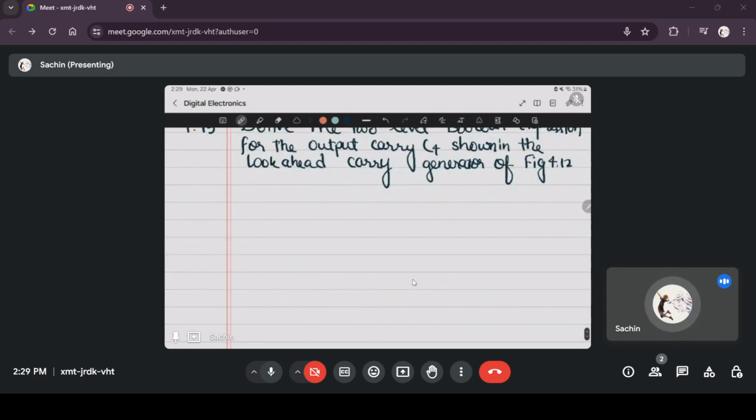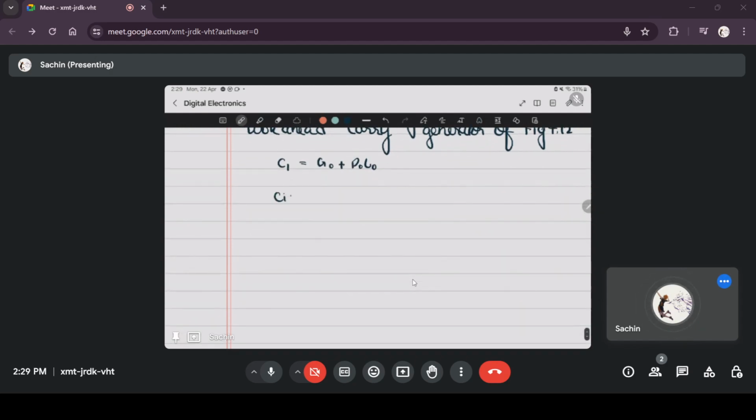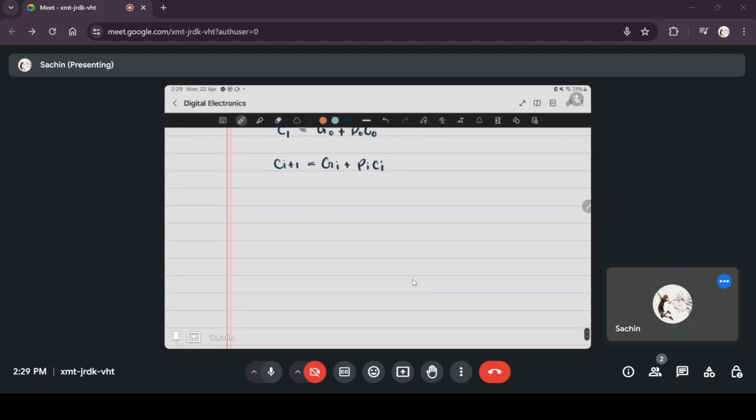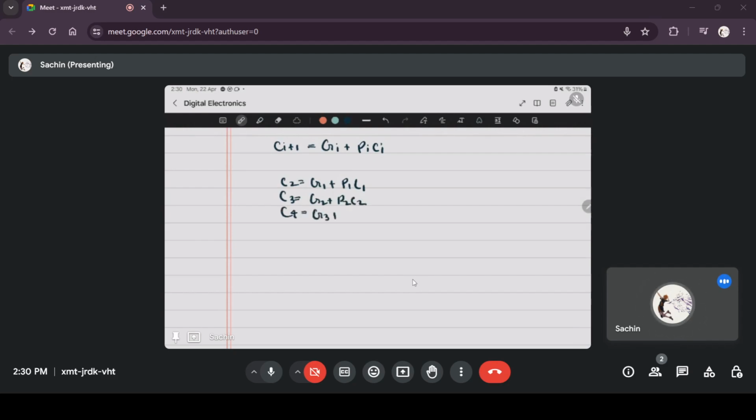So for the carry look ahead generation, C1 is G0 plus P0 C0, and Ci plus 1 is Gi plus Pi Ci. Using that we can write C2 is G1 plus P1 C1, C3 is G2 plus P2 C2, C4 is G3 plus P3 C3.